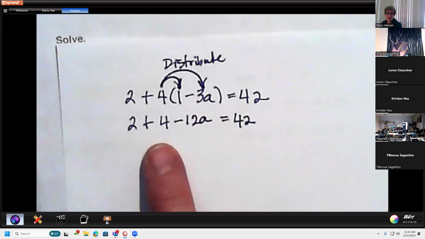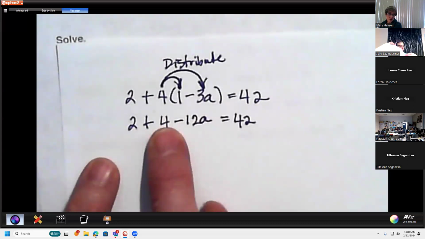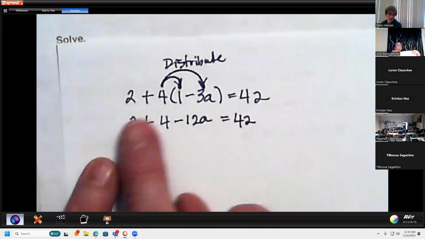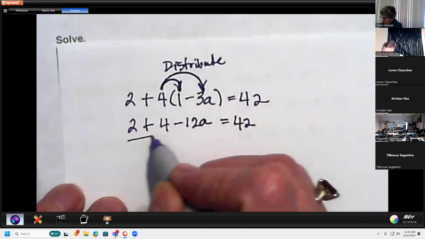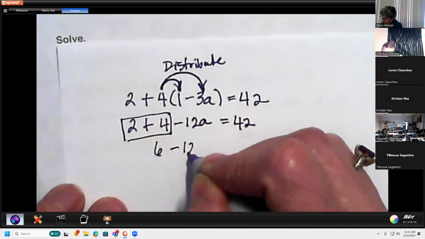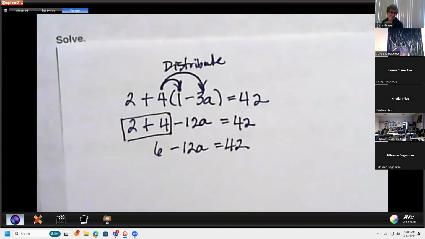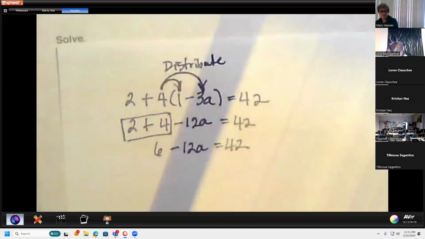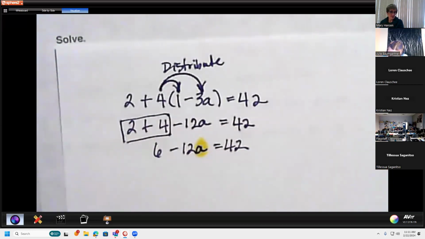Now, when we look at this, Tuesday or the week before, I can't remember, we talked about simplifying terms, and now I can add 2 plus 4 because all I have over here is 2 plus 4 minus 12A. So I can put these two together now and make 6 minus 12A. Now I have a 2-step equation.